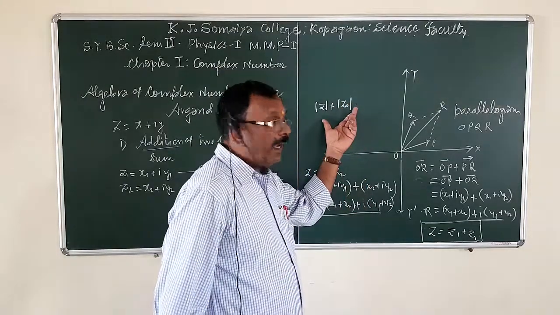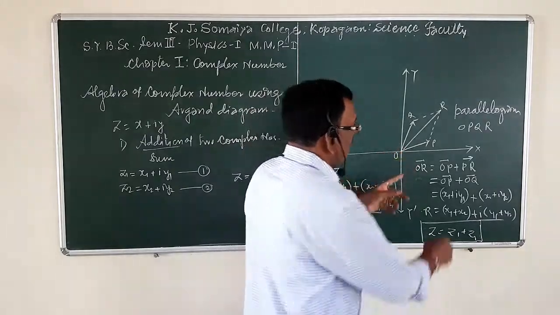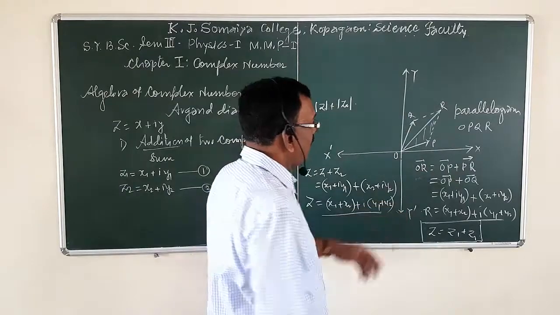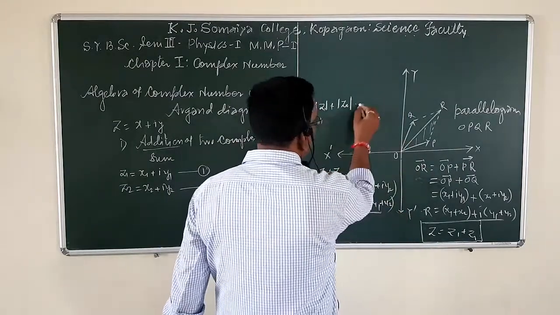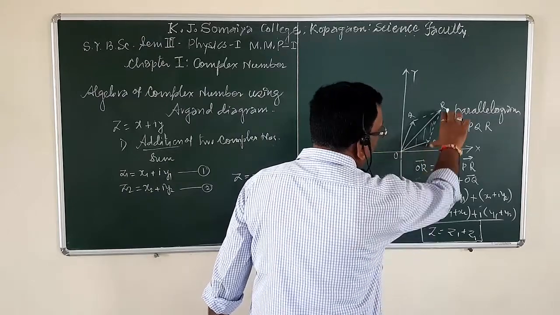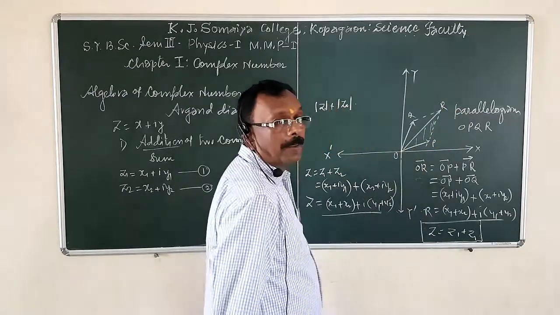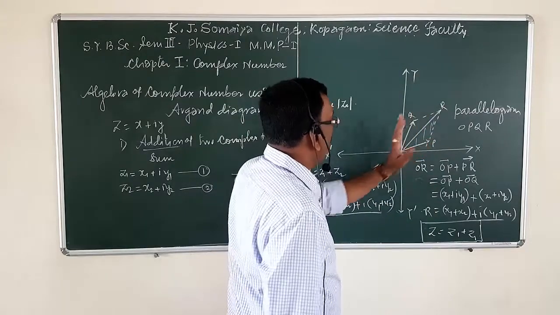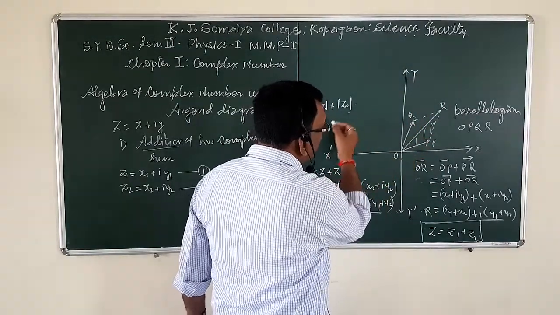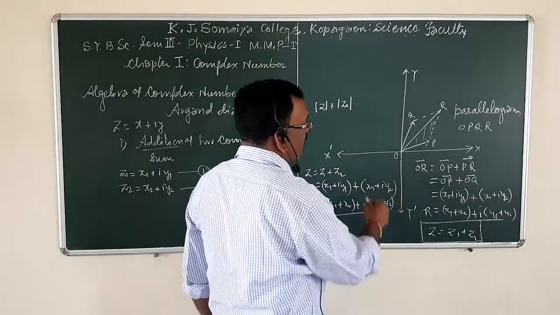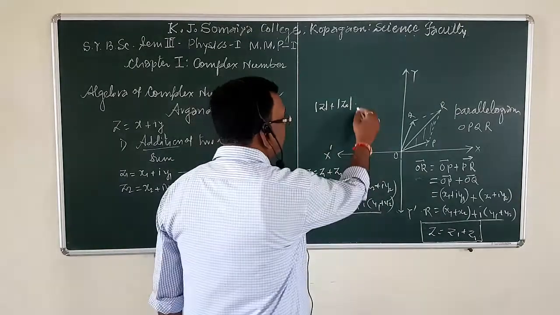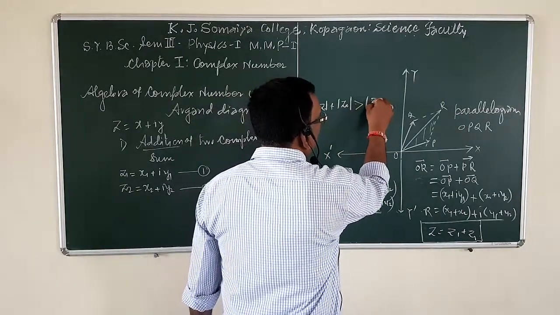When these are added together, we get a triangle. And in this triangle, the sum of these two vectors, that is vector OP plus vector PR, and PR is parallel to OQ, when we add this together, then we get the resultant. But it is found that mod of Z1 plus mod of Z2 is always greater than mod of Z.